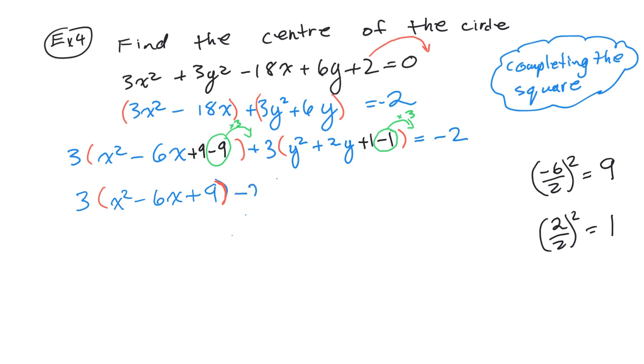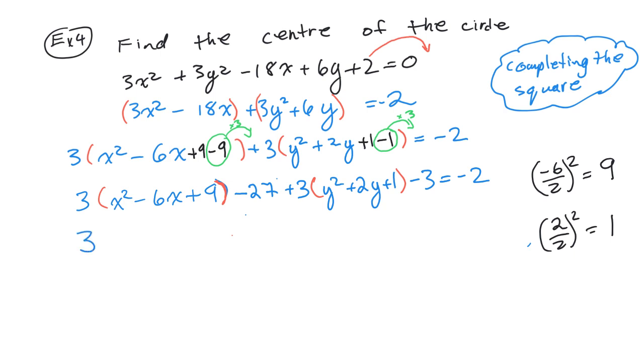So we got minus 27 plus 3 times the quantity y squared plus 2y plus 1. And since we pulled out the minus 1, we've got to multiply by 3. So we've got minus 3 outside our bracket, which equals minus 2. So now let's simplify the brackets.